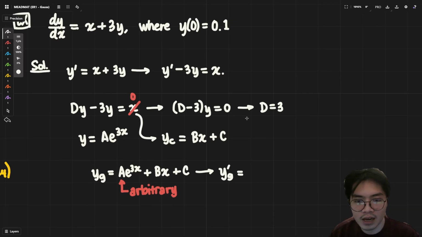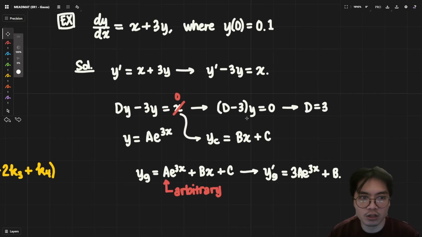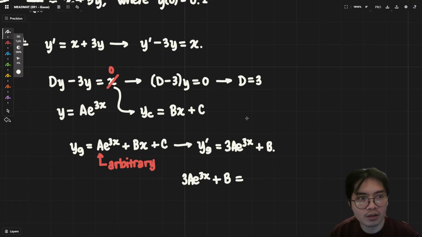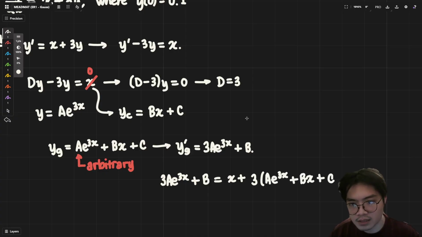So if you're going to put this and derive it with respect to x, you will get 3a e^3x and then plus b. Now we will put everything together into this equation. You will have y prime, which is 3ae^3x plus b, is equal to x plus 3y, so x plus 3 times (ae^3x plus bx plus c).